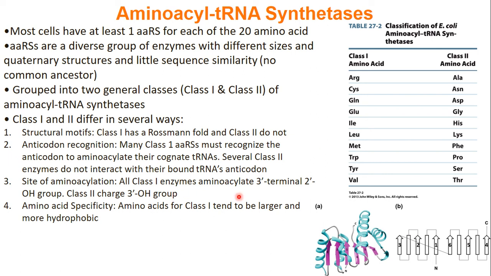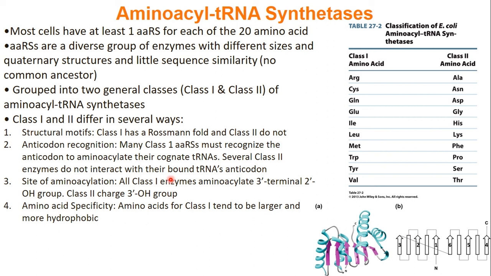Class 1s will aminoacylate the 3' terminal 2' OH group. So it's the last nucleotide on the tRNA at the 3' end, and then the 2' OH sugar of that. While Class 2 will charge the 3' OH group. What's interesting about this is for protein synthesis, you need to have it on the 3' group.